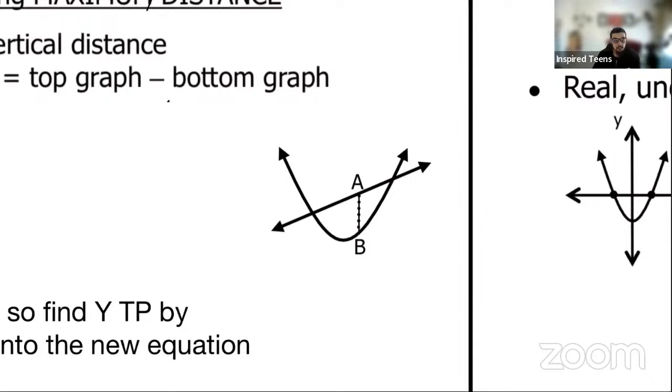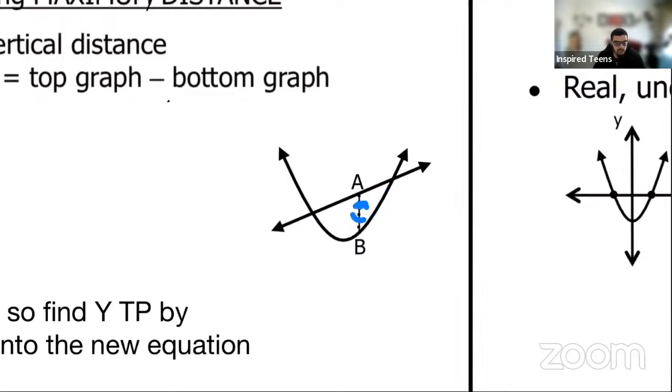AB could be anywhere between these two graphs. Obviously the excess would be cut off, but you could have a line anywhere between these two graphs, which is true.